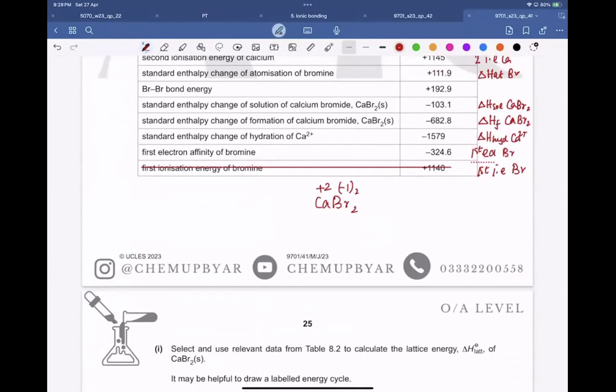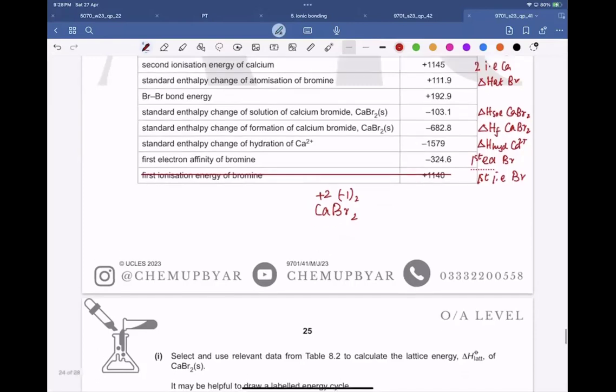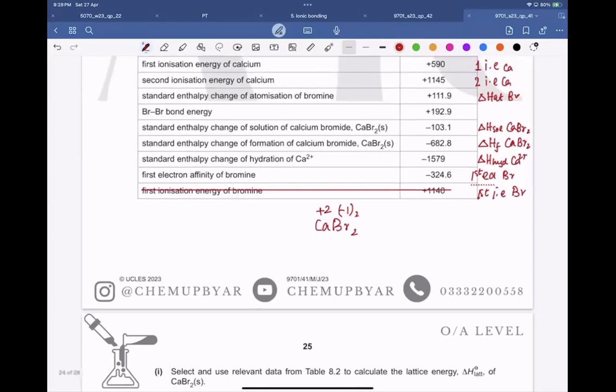Is this clear? Okay. Further, whichever value we use for bromine, we are going to double it, like the first electron affinity and atomization, because there are 2 bromines.